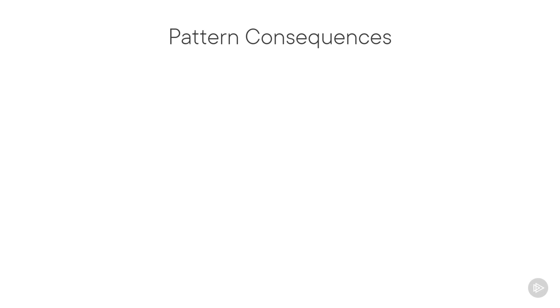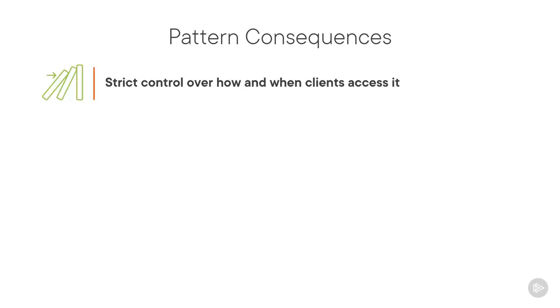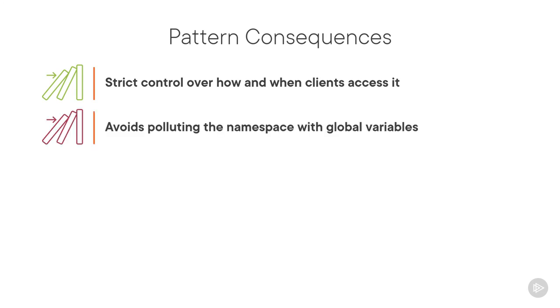There's quite a few consequences to this pattern. Because the singleton class encapsulates its sole instance, it has strict control over how and when clients access it. That's an advantage. It's also better than global variables, because it avoids polluting the namespace with them used for storing sole instances.